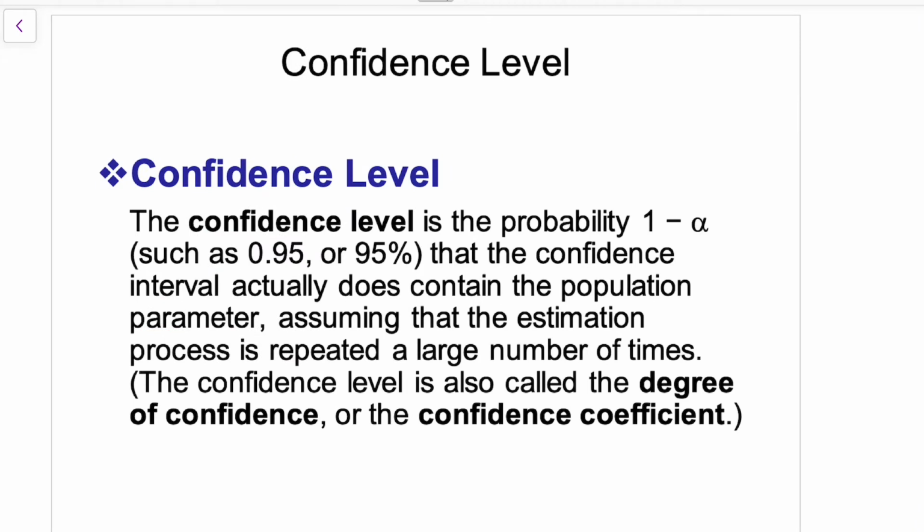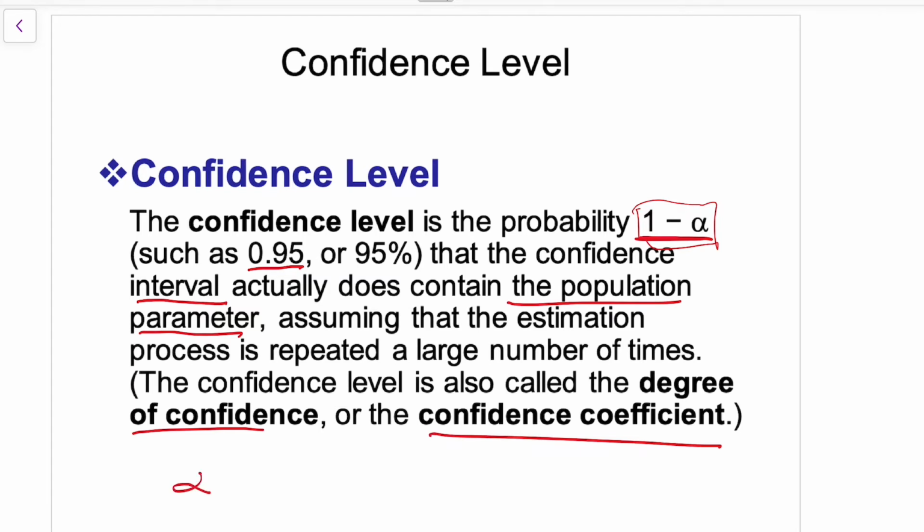So let's talk about this confidence level. The confidence level is itself a probability, which we consider to be 1 minus alpha, such as 95% or 0.95. And this is how confident we are that our interval will actually contain the population parameter. And we call this the degree of confidence or the confidence coefficient. This is an unusual way to word things as 1 minus alpha.